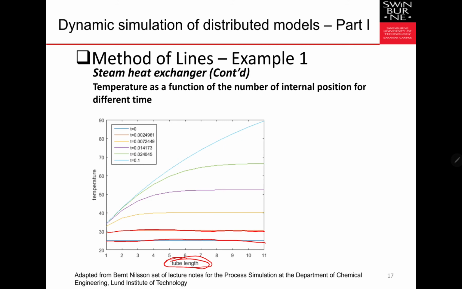Okay, and then at very very long time, at t equals 0.1, then at the position of z equal 0.1, for example, and then at this one is z equal 0. Here we will have 90 degrees Celsius. On the entrance, on the other hand, it's around 30 something, higher than 35, let's say 36.